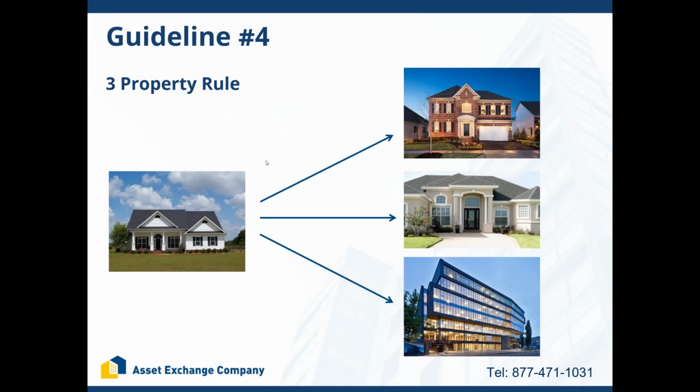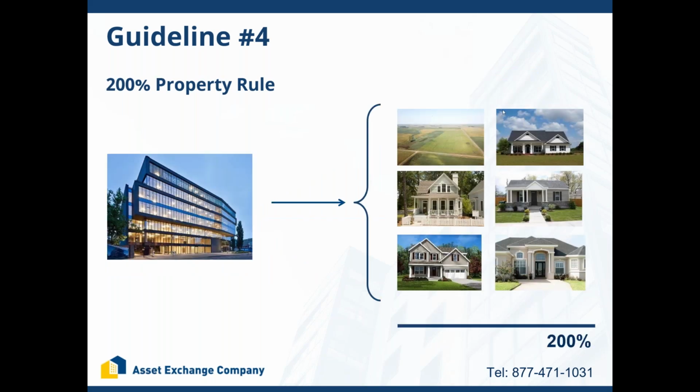So your first option for filling out your ID letter is to use the 3 property rule, but that only works if you want to buy 1, 2, or 3 properties. What happens if you sell in California for, let's say, $10 million and you want to go out and buy 15 properties in Texas?